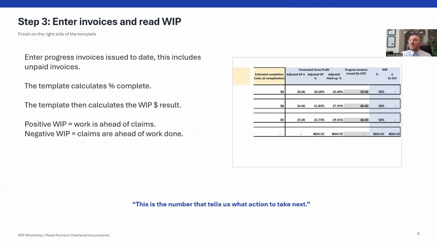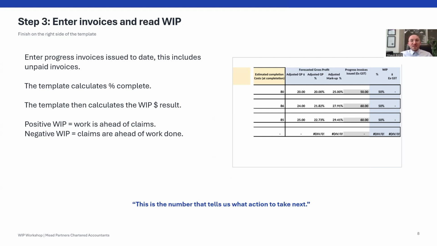The final step as far as data to be entered is to enter in our invoices issued to date. This includes unpaid invoices, because we're comparing completed work to claims issued, not just cash received. It also includes variations that have been invoiced. So it's the total invoice that we send to the client.